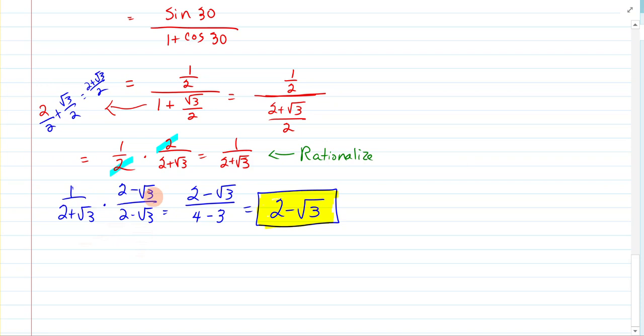So on top, when we multiply, we get 2 minus square root of 3. On the bottom, we have 2 times 2 is 4. Square root of 3 times square root of 3 is just 3. There's a minus in between. That's 1. So this is our final answer. So there is a good bit of algebra in cleaning these up, but the formula is pretty straightforward. Let's go look at our homework.